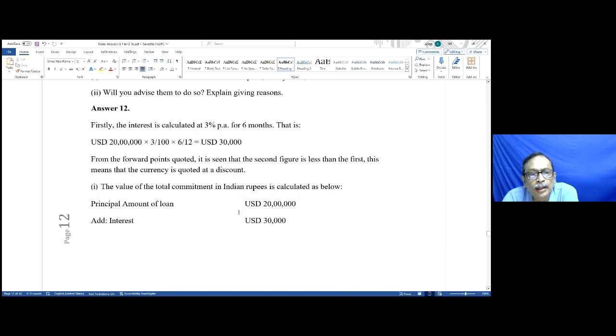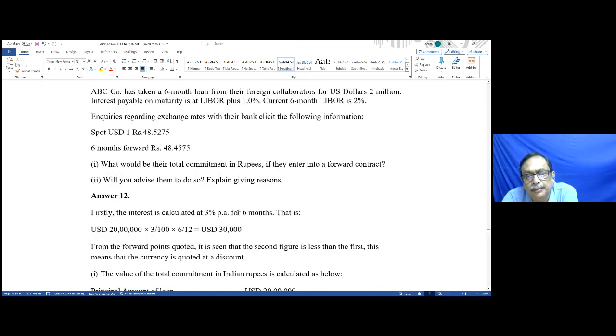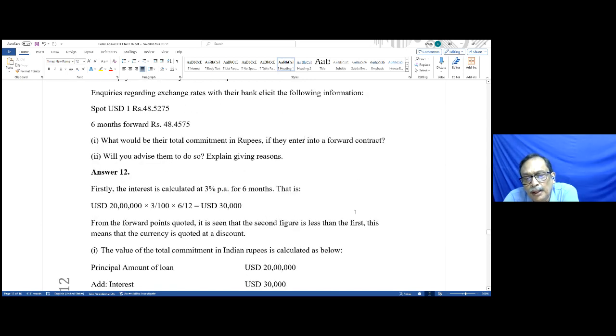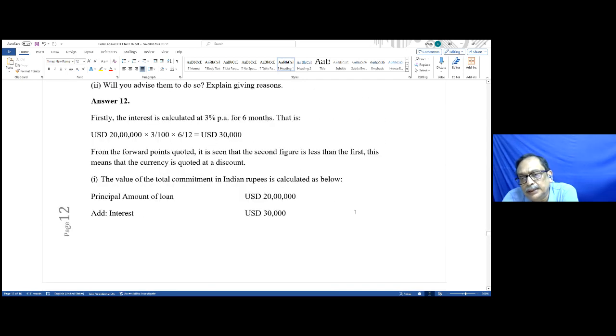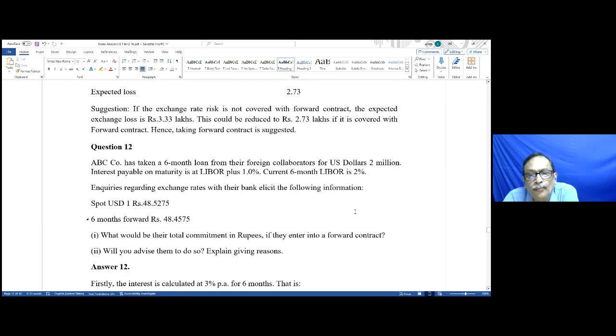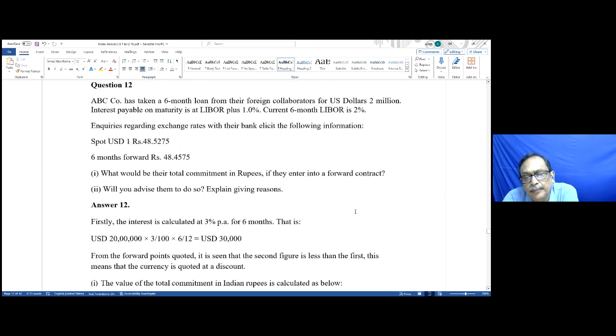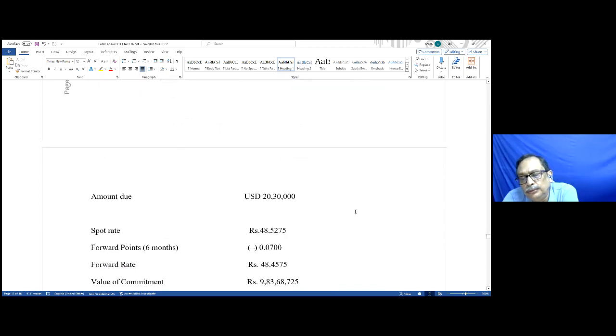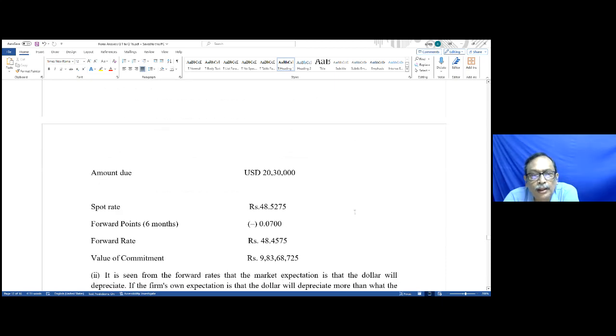So the value of the total commitment in Indian rupees is to be calculated as principal amount of loan USD 20 lakhs, add interest 30,000. So amount due 20 lakhs 30,000.